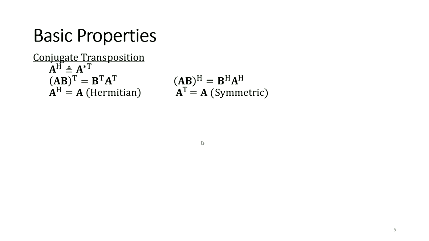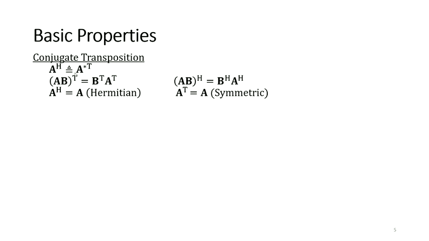Okay, some more properties. Hermitian, A^H, or A conjugate transpose. Conjugate is when the elements of the matrix are complex, but we hardly deal with any complex matrices here. For 99% of the cases, it would be just real matrices, in which case you can just ignore the star part.